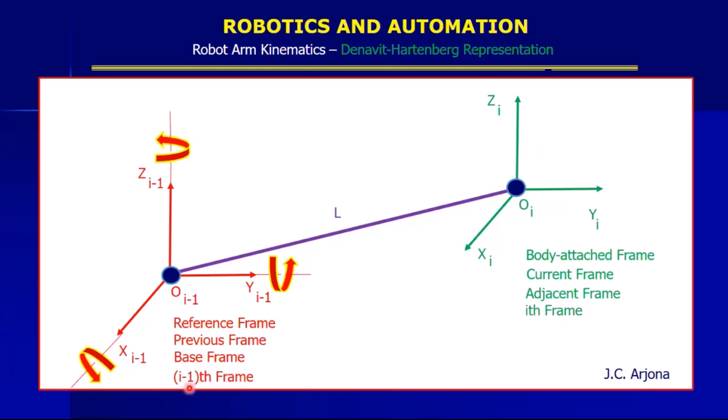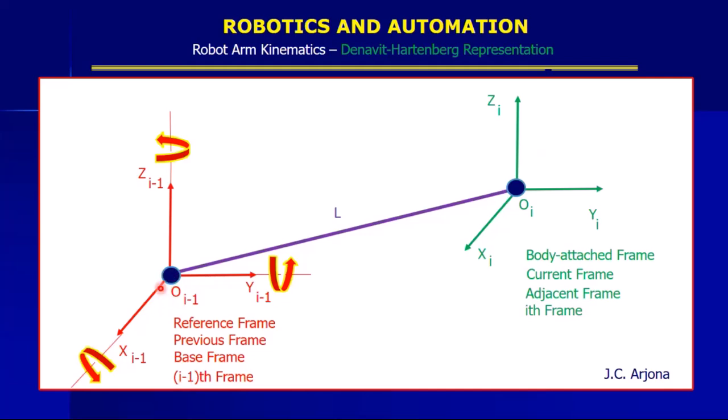Now, for example, if this is the first point and this is the second point, and it is starting with 0, so I means 1 as the first point, so I minus 1 becomes 1 minus 1, that is 0.